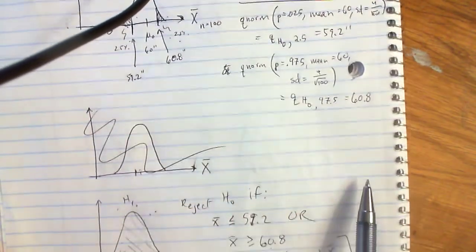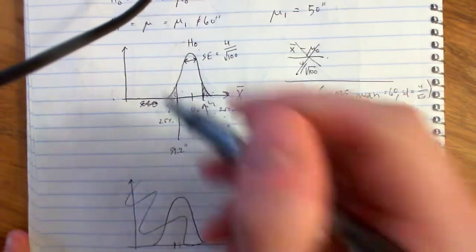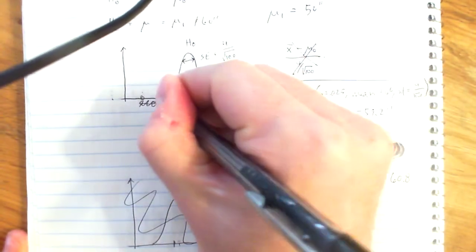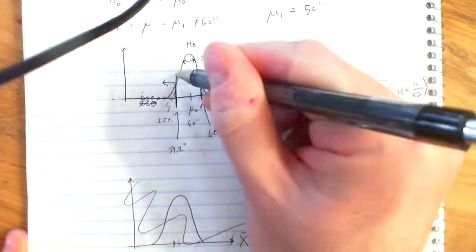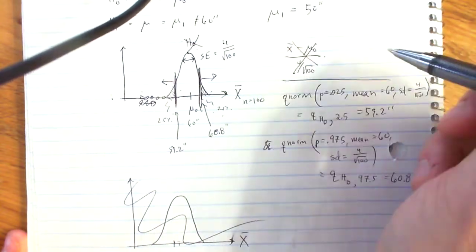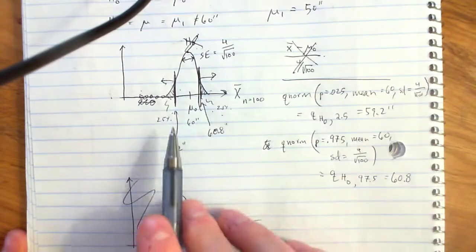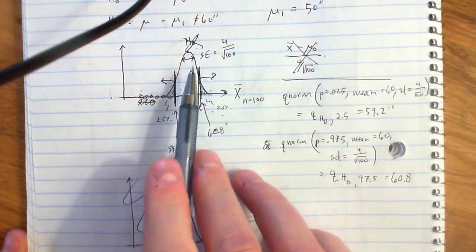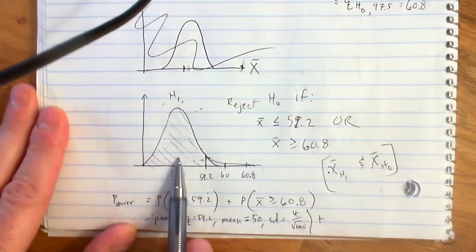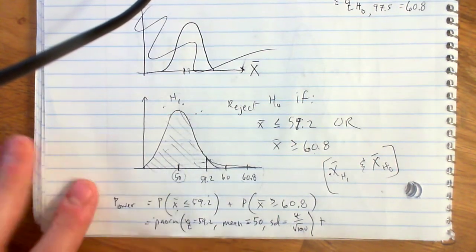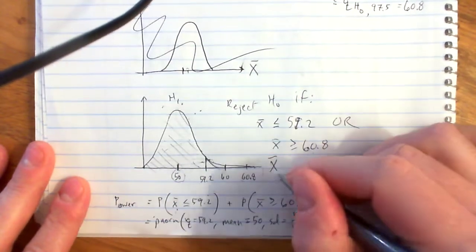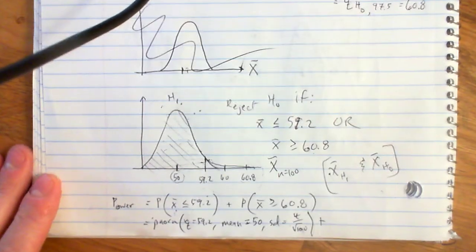It gives us the likelihood when we start sampling and we get something here and then here, or maybe we get a sample and it's here or here, how likely are we to get something to the left of this value, which leads to rejection, or how likely are we to get something to the right of this value, which also leads to rejection? Well, to see how likely, we don't look at H0, we look at the true distribution where those x bars come from. And that's what this graph shows, given n equal to 50.